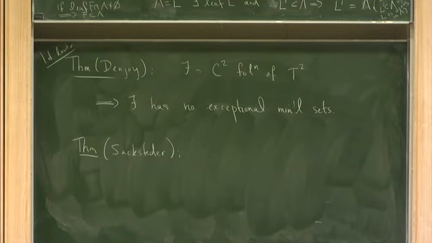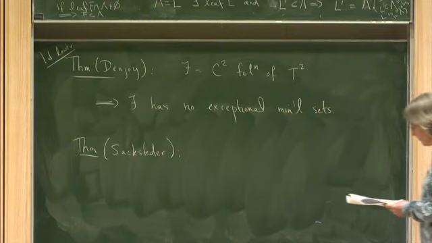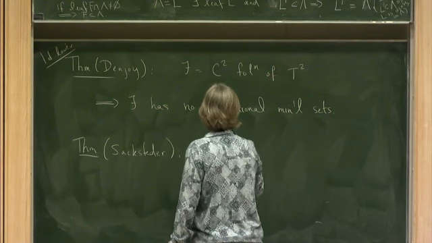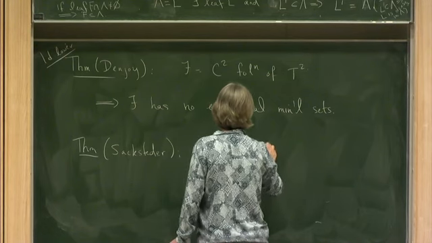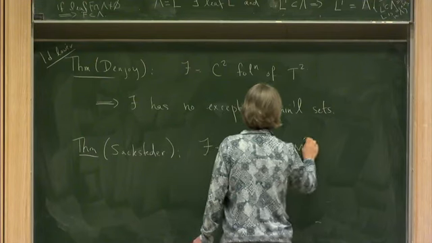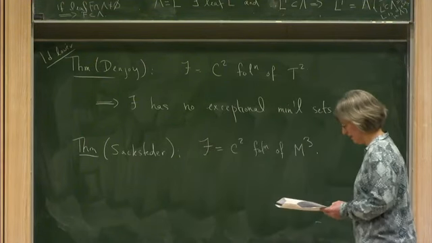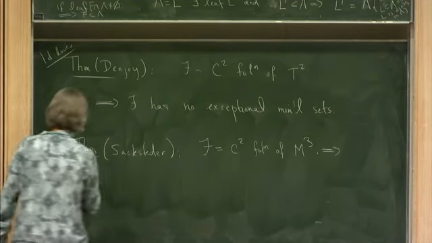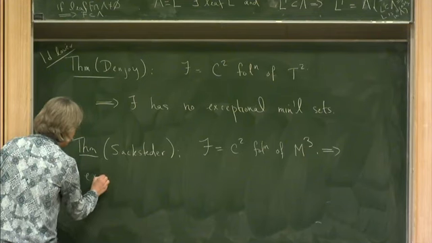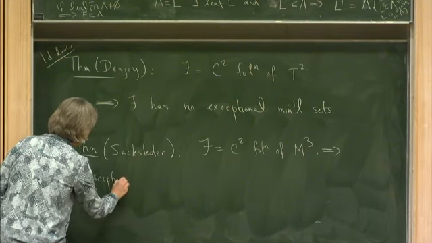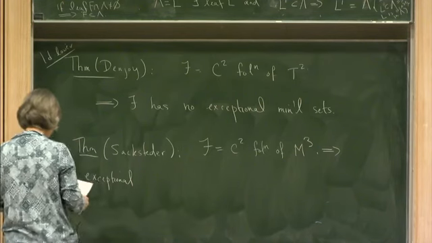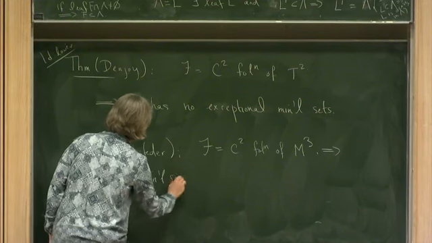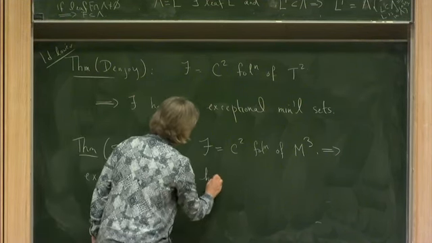And if we go up a dimension, to the dimension we care about, which is 3-manifolds, and suppose you have a C2 foliation of M3, then, I'm going to throw some jargon at you and then tell you what we care about, exceptional minimal sets have what are called resilient leaves.